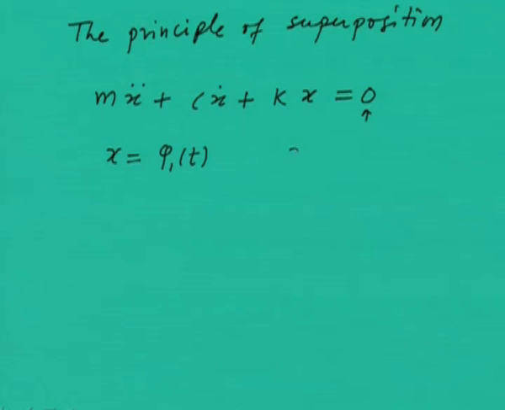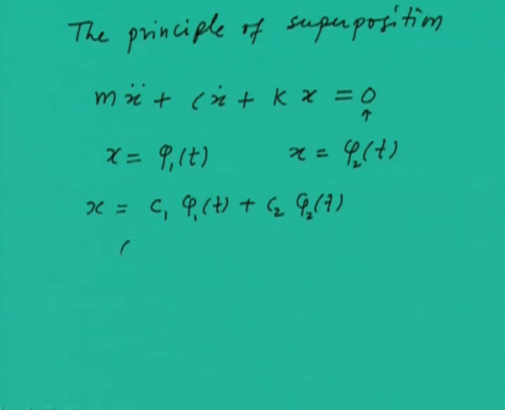These are two particular solutions, and we know that even if we multiply these solutions with a constant and add them, that is also a solution of the differential equation, and this we call the general solution.